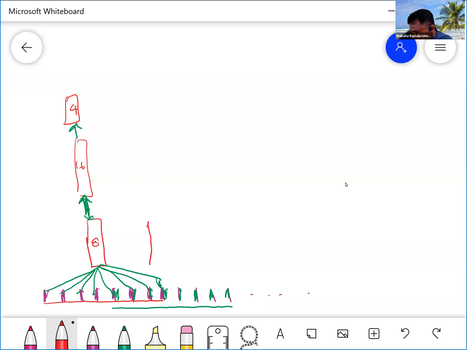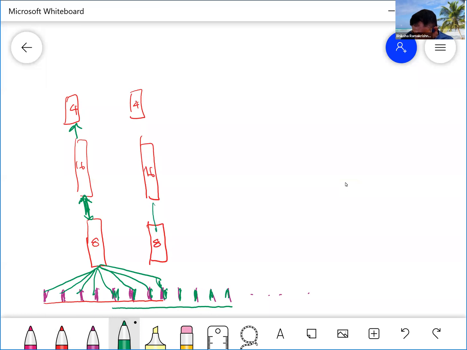So you're going to get 8 over here again, 16 here, and 4 here, and this one is connecting to the next 8 inputs.